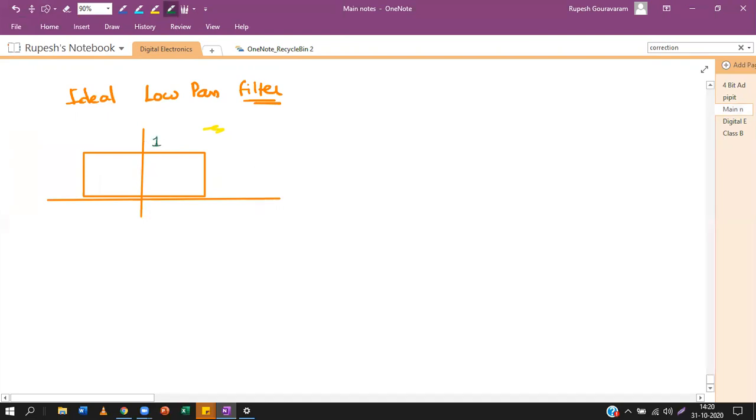This is minus FC, plus FC. So this axis is frequency.